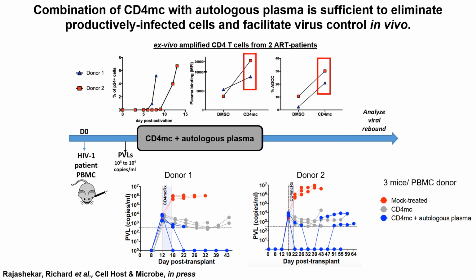In contrast, in mice treated with the combination of CD4 mimetic and autologous plasma, we detected no viremia for 5 of the 6 mice after treatment interruption, while we detected viral rebound in 2 of these mice. We detected no viremia for the 3 remaining mice, suggesting that combination of CD4 mimetic with autologous plasma is sufficient to eliminate HIV-1 infected cell and to facilitate virus control in vivo.